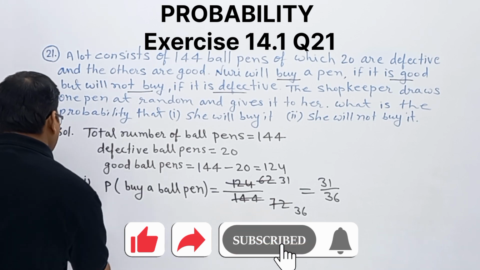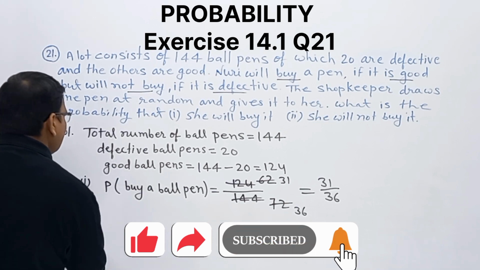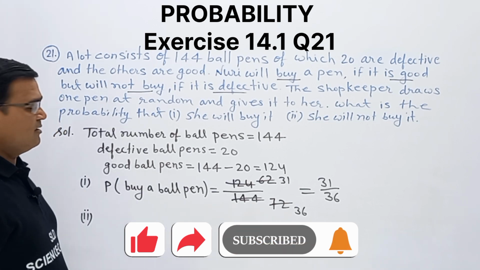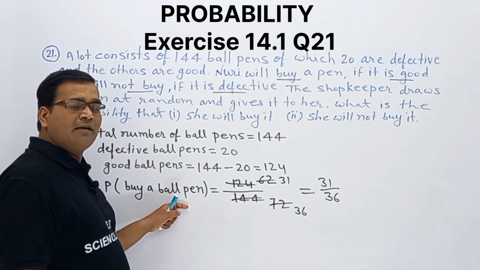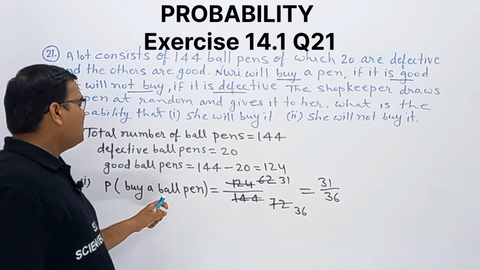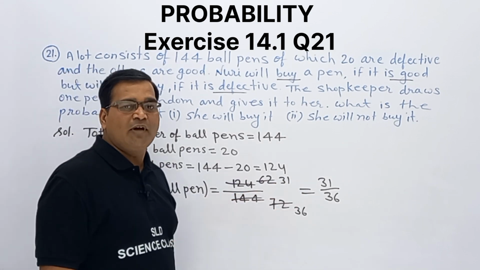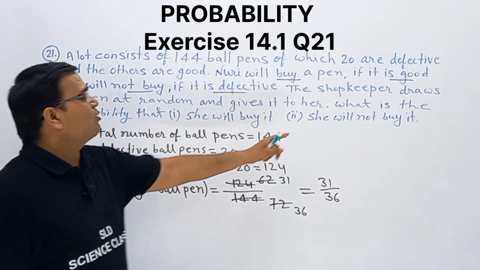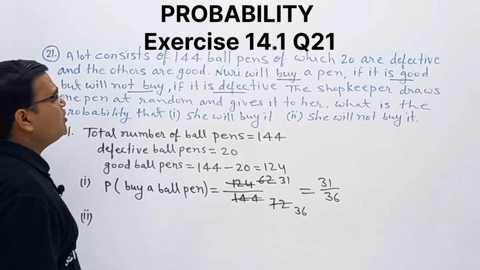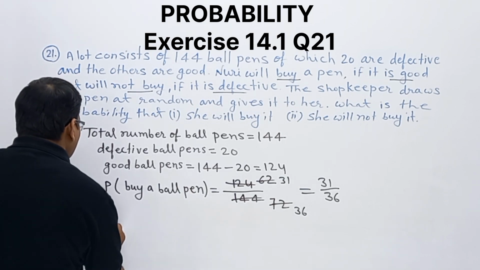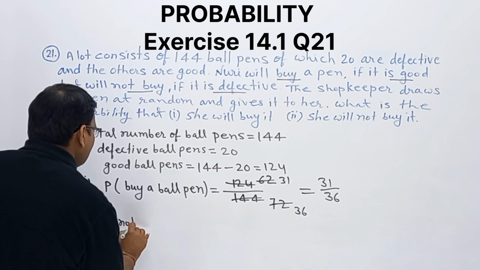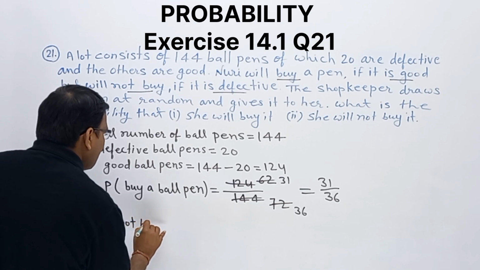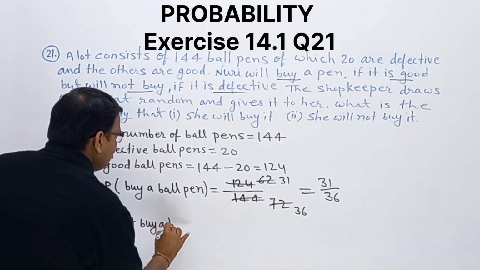Now the second one. She will not buy it. This is the probability of buying a ball pen, and once we subtract this from 1, we get the answer of the second one. Or directly, using the formula, probability of not buying a ball pen.